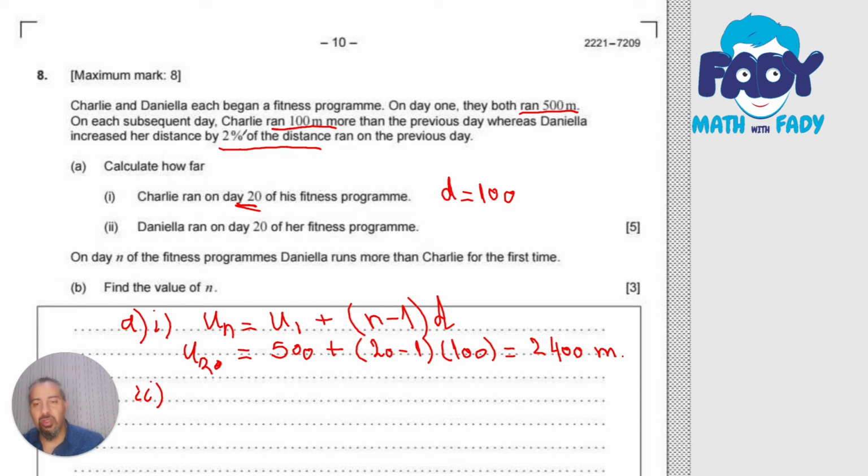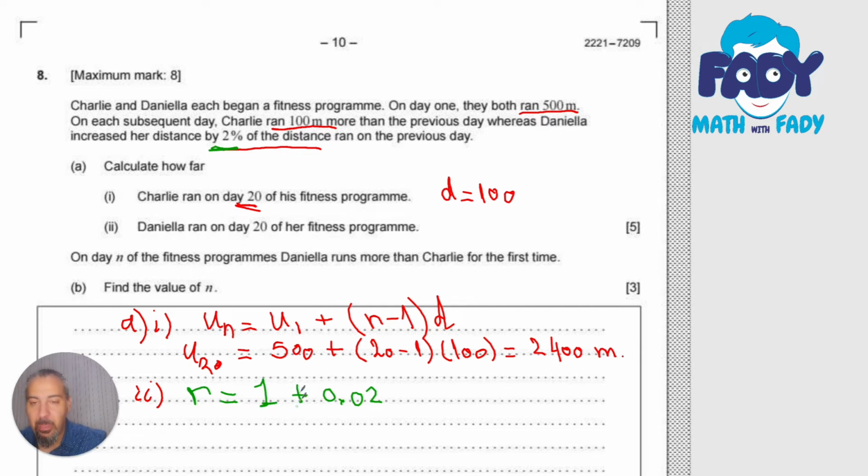Because it's written that it's 2% of the distance run on the previous day, we say that r equals 1 plus 0.02. 0.02 is the 2%. Why 1 plus?